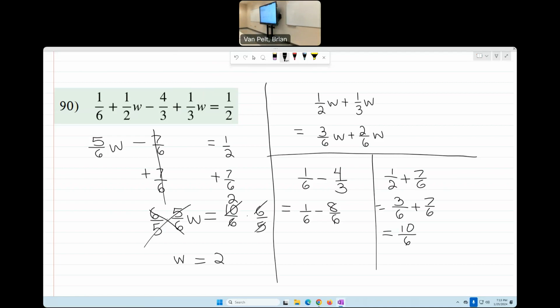Gotcha, okay, good. 7/6. You want to get the 7/6, right? So it should have a 10 over 6 over here. So when you added 7/6, you didn't write that on there.